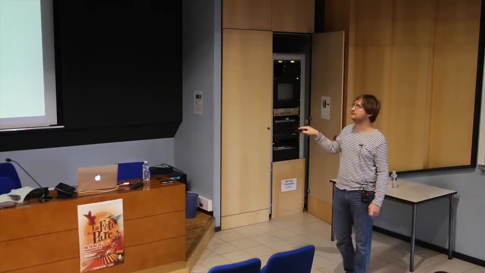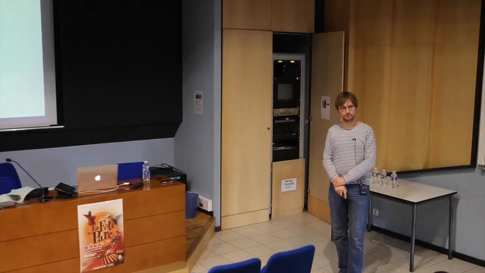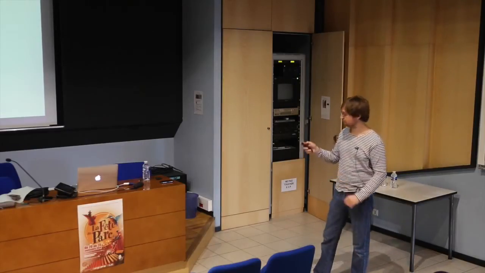It is quite small, but still there is a mass difference, and the temperature at the time this event occurs. So this fixes the ratio at 1/6. This means that in the universe there are 6 times more protons than neutrons.